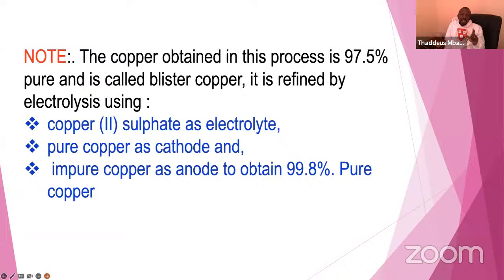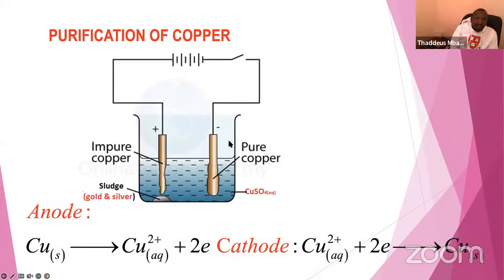So this copper needs to be refined because it is not pure. In the refinery, we use copper sulfate as electrolyte, pure copper as the cathode, and impure copper as the anode to obtain 99.8% pure copper. That's a direct statement, and you can now look at the purification.